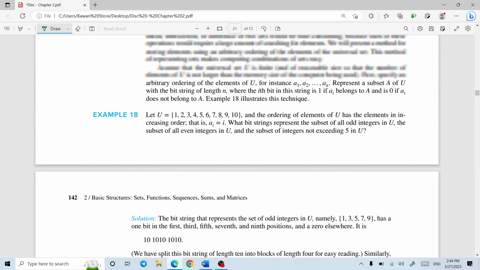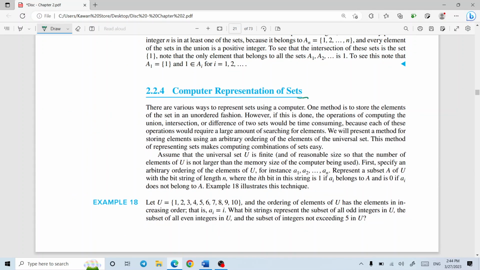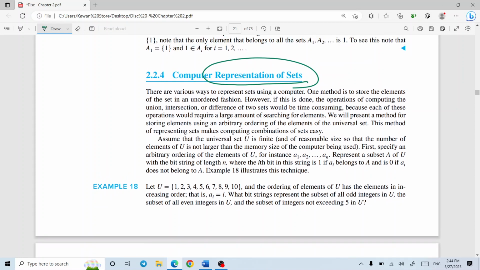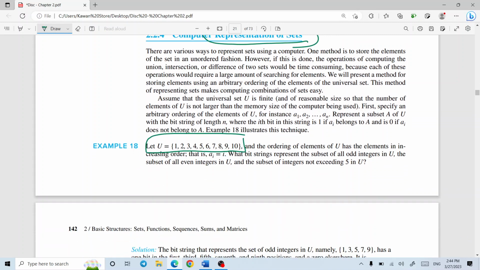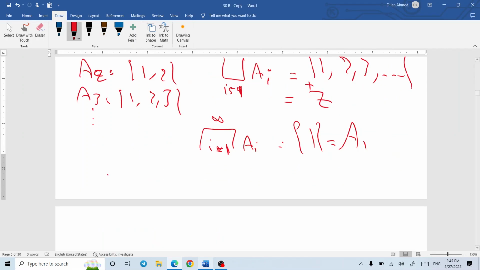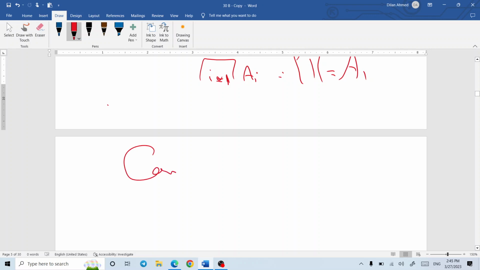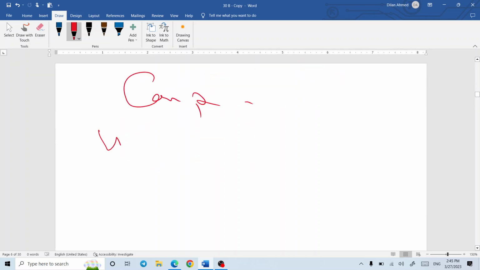Before the rest, let me finish computer representation of sets. When we have a universal set, and I say find the representative element. For example, to understand computer representation of numbers, let U be 1, 2 till 10.